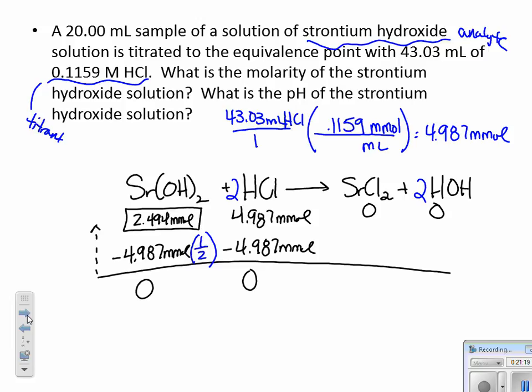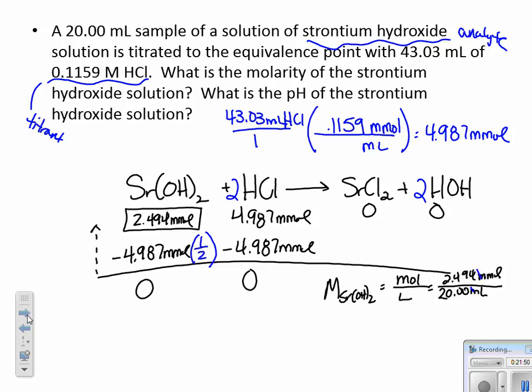And again, to get the concentration, we know that we will do millimoles divided by milliliters. So for the molar concentration of the strontium hydroxide, that's going to be moles of strontium hydroxide per liter, 2.494 millimoles divided by 20.00 milliliters.